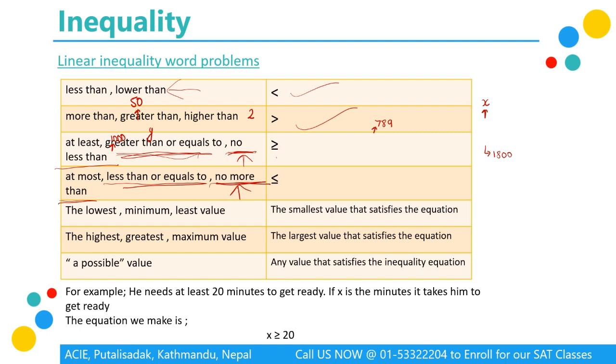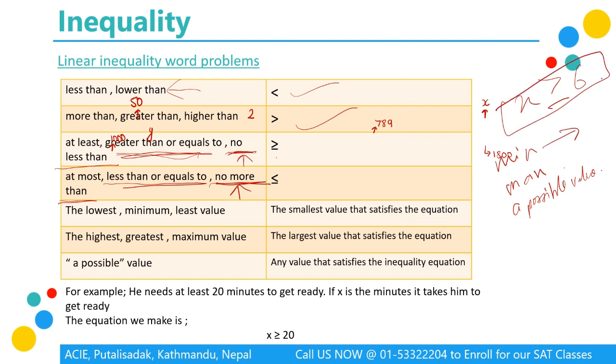And then the other questions that might be asked are minimum values, maximum values, and a possible value. Minimum value means, if a certain equation is given, for example x is greater than or equal to 6, and then the question asks what is the minimum value of the system, then obviously the minimum value you can get for x is 6, because any value of x other than 6 is only going to be greater than 6.